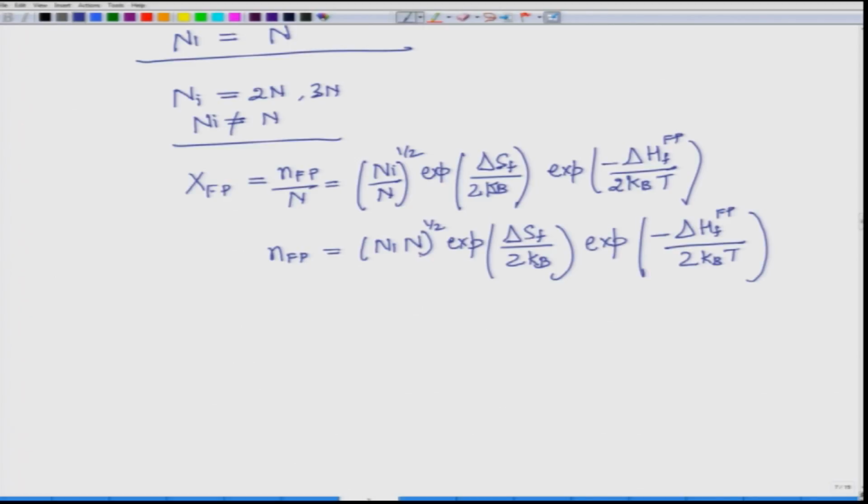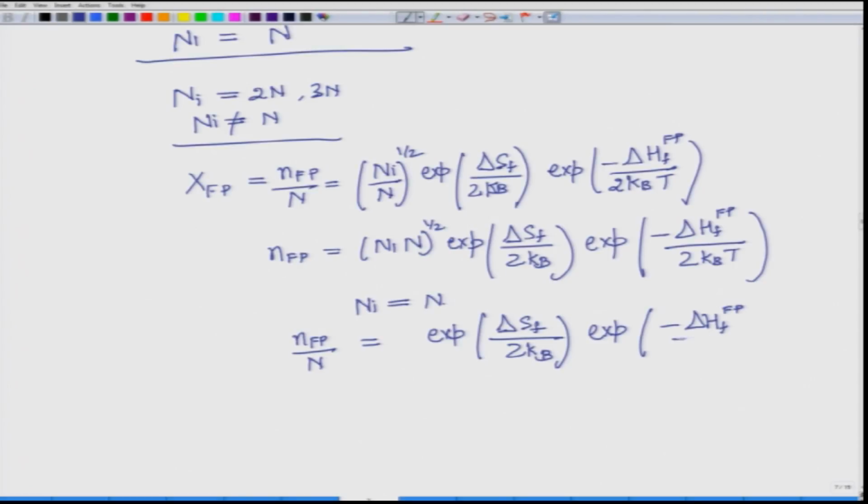Now, in this particular case, so far we have assumed Ni is not equal to n. Now, if you make Ni equal to n, this will become NFP by n equal to EXP. So, you see what is the difference.